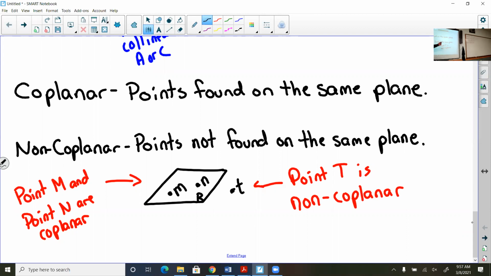Point T is non-coplanar with plane R. So now I'm starting to kind of confuse things because I am referencing certain things, but we can assume that if it's non-coplanar with R, that means it's also non-coplanar with every point that's found on plane R, which are points M and N. So again, that's the thing with geometry, it's all understanding from what direction we're looking at things and what it means.